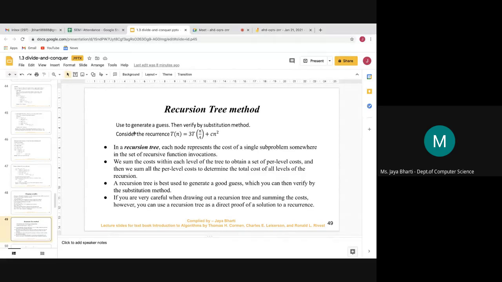So basically we are using the recursion tree to generate a guess for the substitution method, but if you draw it very carefully and make sure everything is correct, then the solution to the recursion tree will be the solution for the recurrence also.